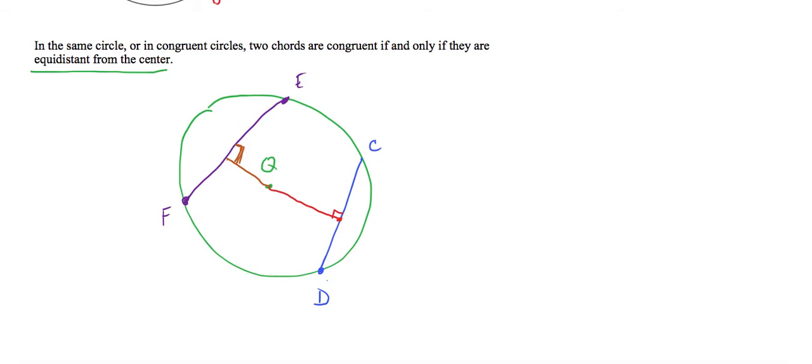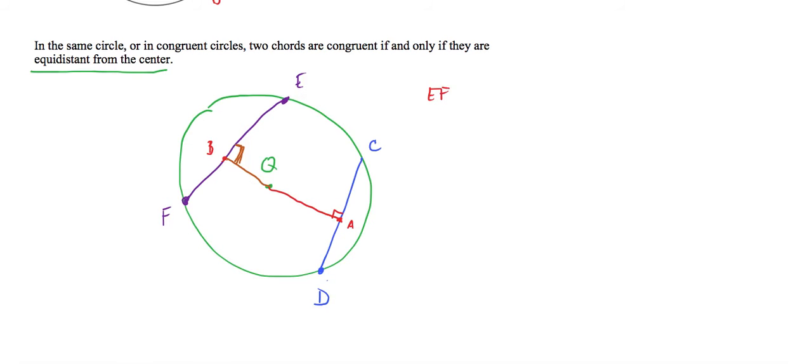Okay? So I guess we'll call these points of intersection, these perpendicular points here, E, F, A, and B. So those distances there, they are the same if the chords are the same.